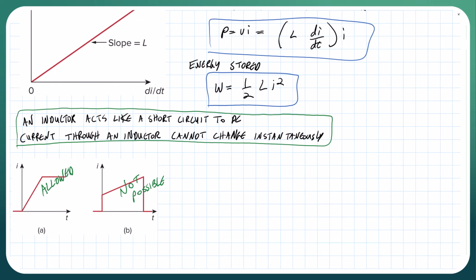And just like we did with the capacitor, where we assumed an ideal capacitor, we're going to also assume an ideal inductor does not dissipate energy. Okay, so the energy stored in it can be retrieved at a later time.